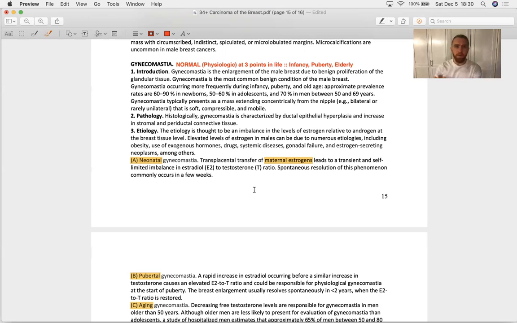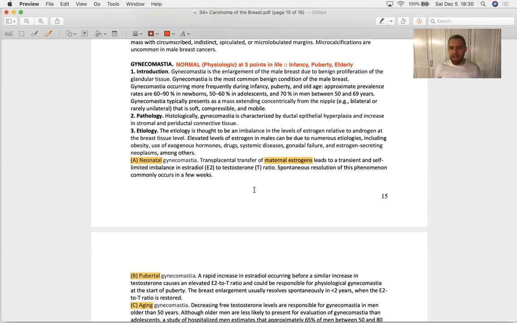And then you can run it even further and get your 17 ketosteroids, which are going to be like your DHEA and your androstenedione out of that. And so those are the common precursors to both testosterone and estrogen. So when you're making a lot of testosterone, because the precursors are there, you are also de facto making a lot of estrogen. So it's kind of normal if you see gynecomastia in a pubertal male.